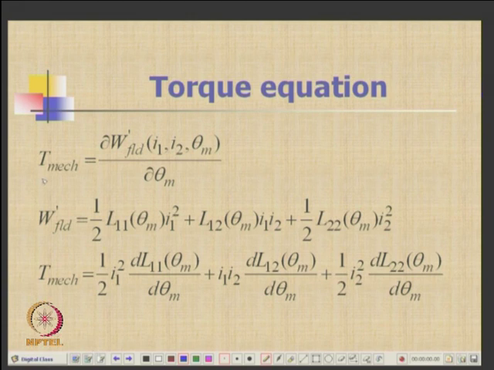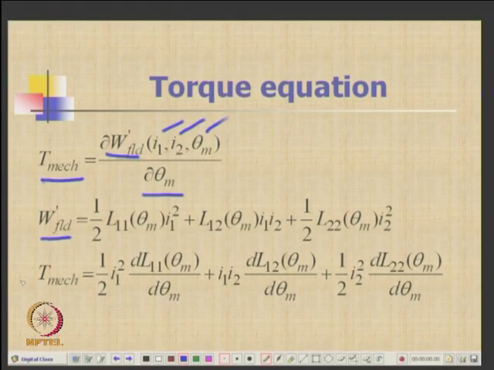So, we have the mechanical torque as delta W field by delta theta m, is it not, and W field is a function of I1, I2, theta. The stored energy is a function of the winding 1 current, winding 2 current and rotor position.